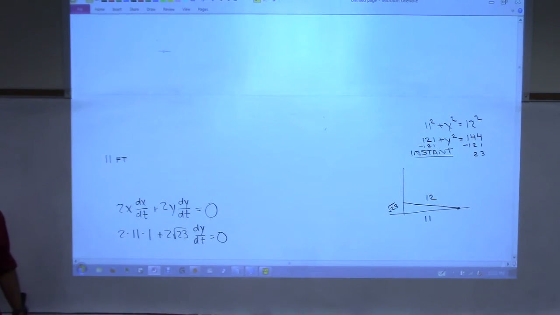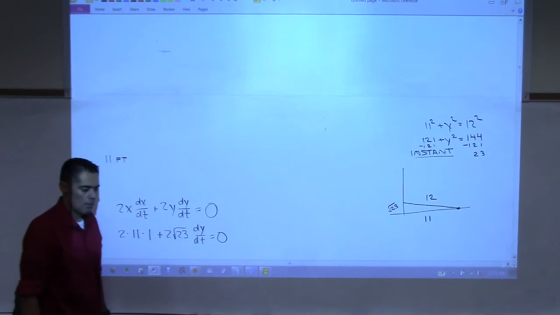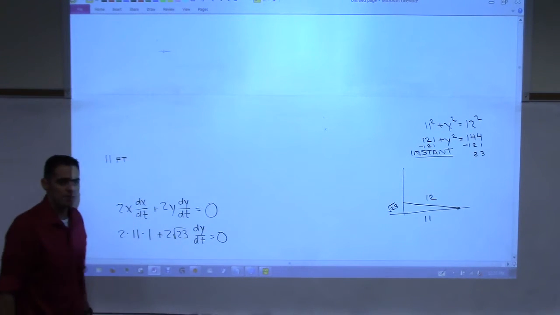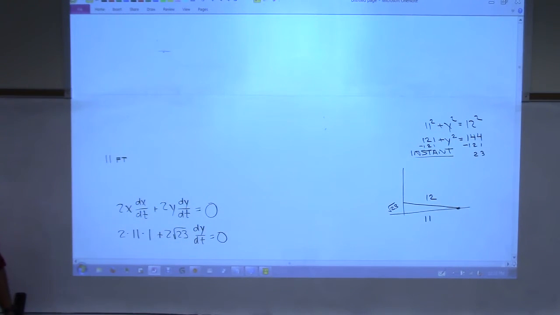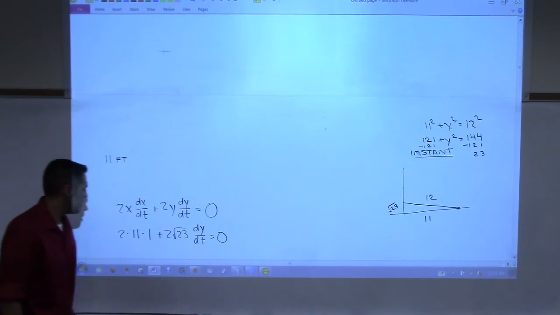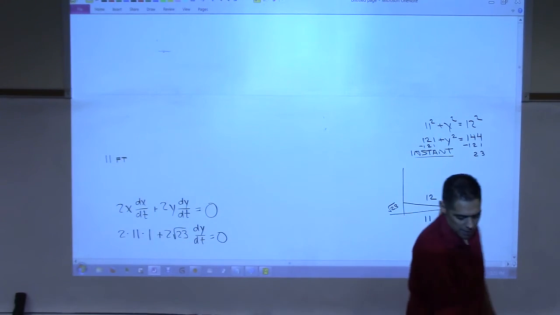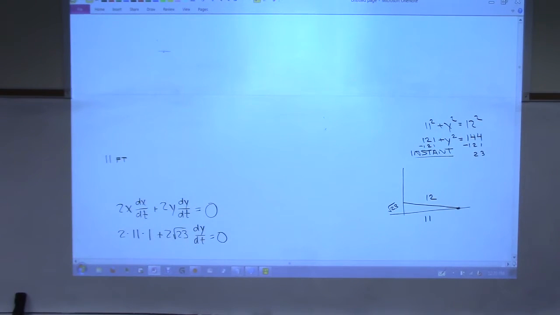Will there ever be a problem where we're not given one of the rates? No, for the most part, you have to know how one of them is changing. So let me do this on my calculator real quick. This is going to be a different answer. It should be a bigger number.